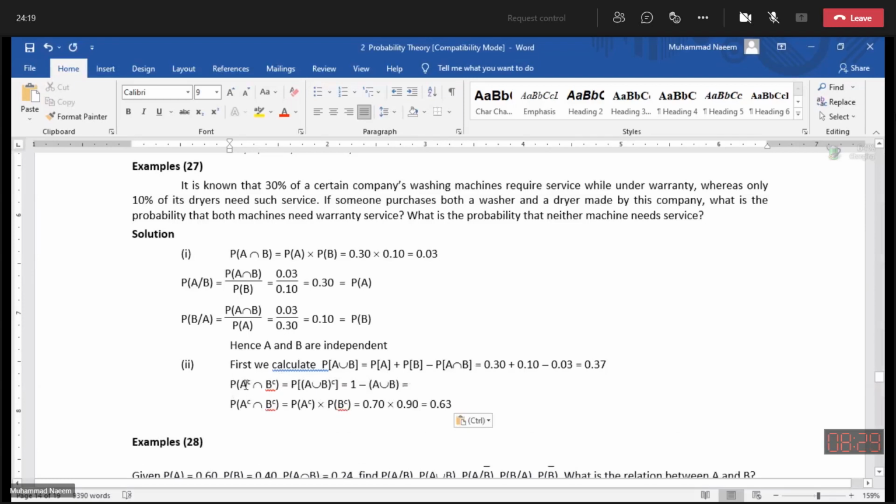That's why probability of A complement intersection B complement is equal to 1 minus 0.37, which is equal to 0.63.